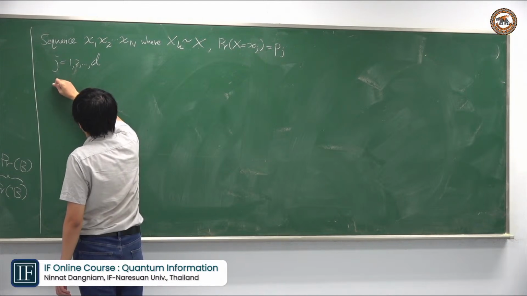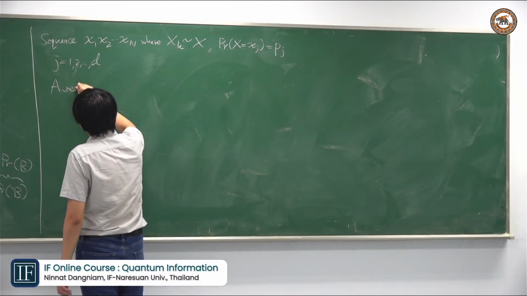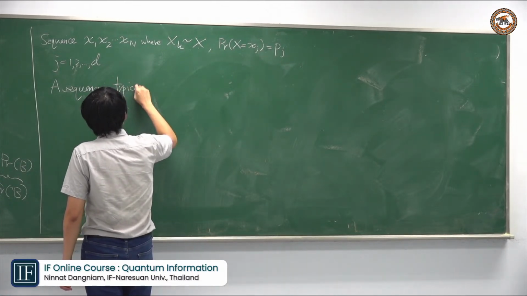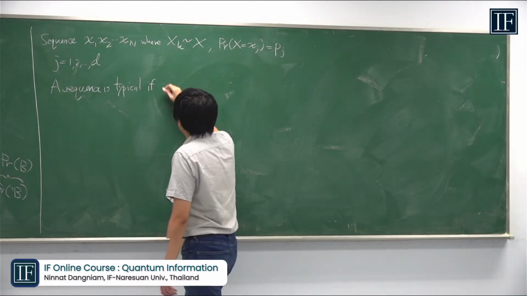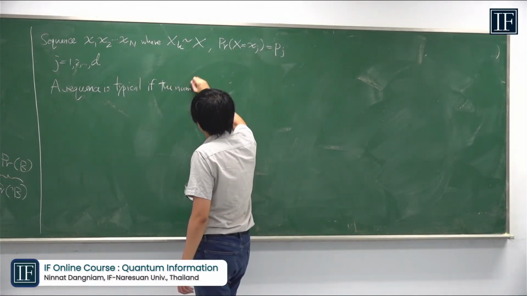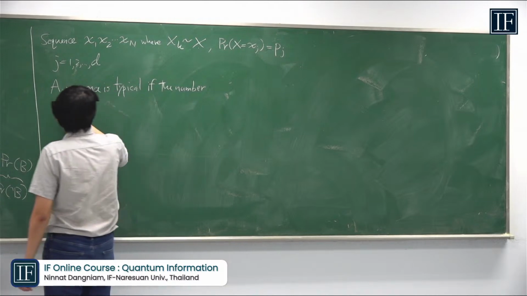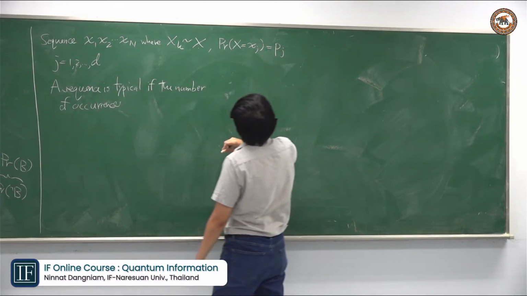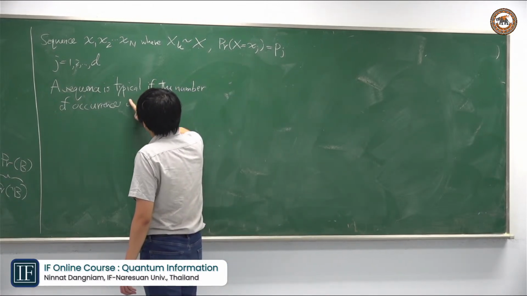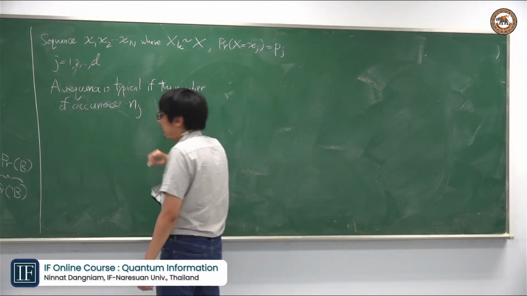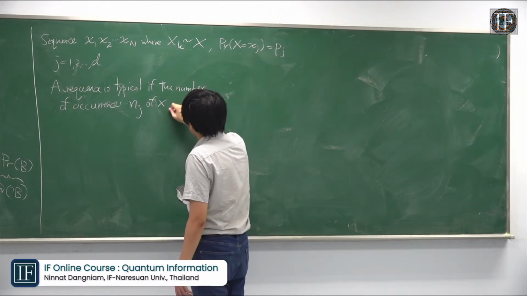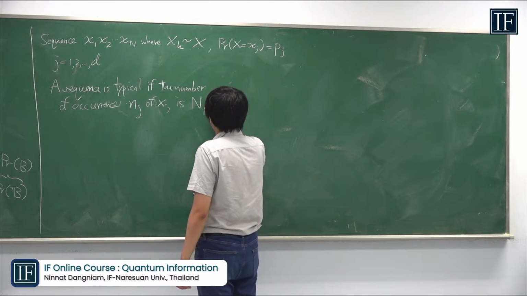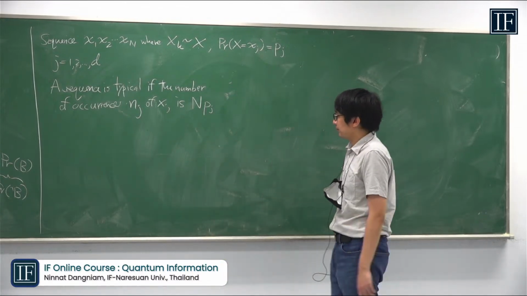Then I say that a sequence is typical if the number of occurrences of some symbol x_j, which I call n_j, is the total number of times the probability, n_j = n p_j.